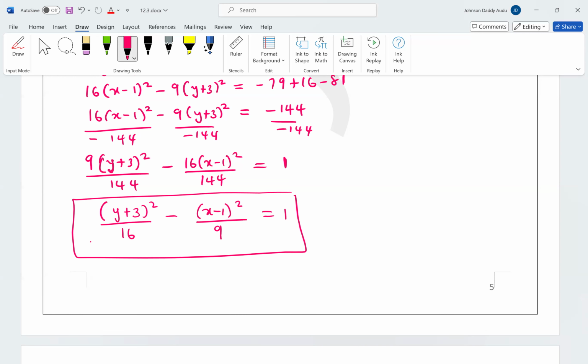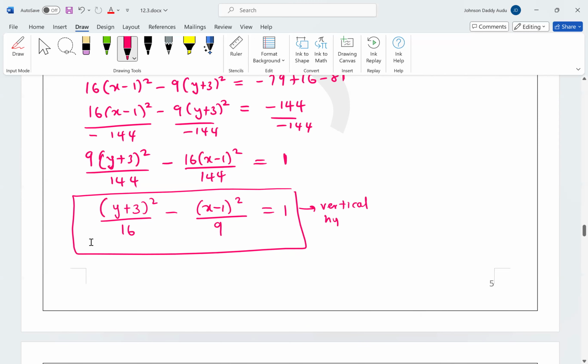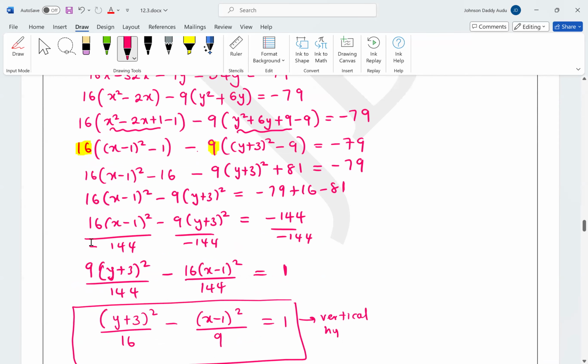Now if you compare, you see that the positive term is associated with y. This means we are dealing with a vertical hyperbola.